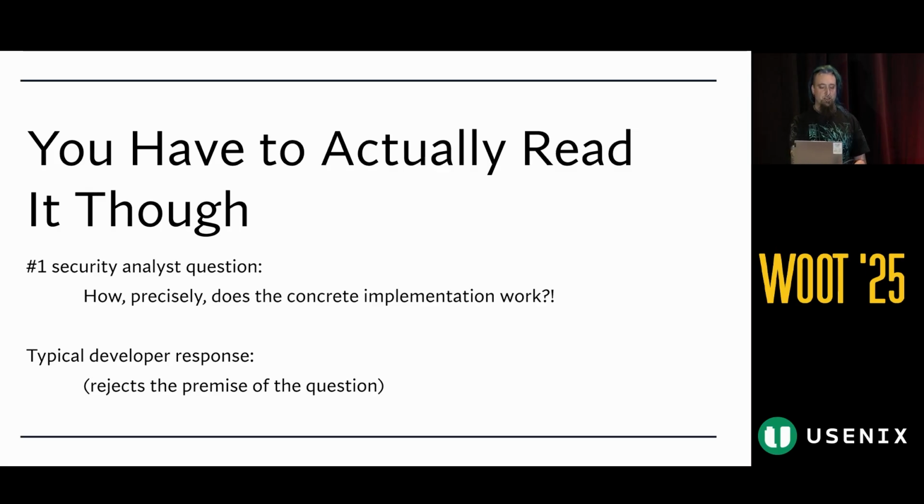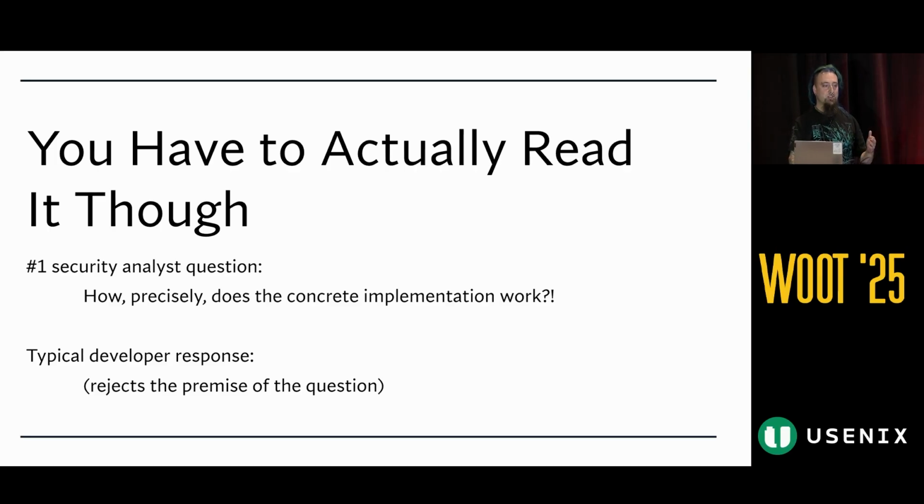As the number one question that I was always asking as a security analyst was, how on earth does your concrete implementation work? I see your abstractions. I'm very proud that you have managed to encapsulate this program, but the implementation is in another castle. Please also give me that, because what I need to know is whether or not you've used the banned functions and have wild read-write primitives in memory, and I need to know whether you're using MD5 to check whether something is authenticated, and I need to know whether you implemented the business rules in this or not.